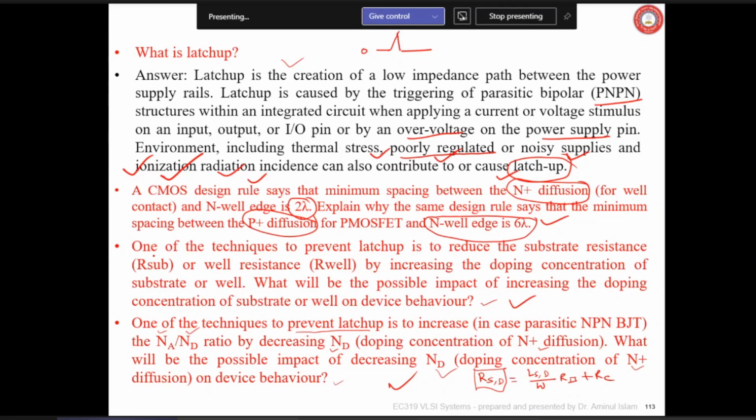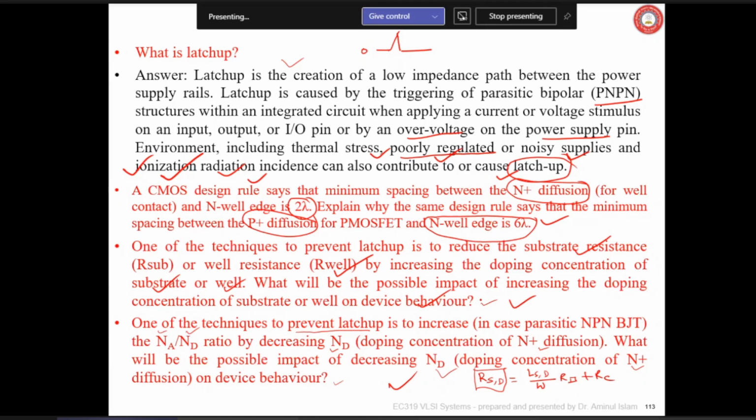One of the techniques to prevent latch up is to reduce the substrate resistance R sub or well resistance R well by increasing the doping concentration of the substrate or well. What will be the possible impact of increasing the doping concentration of the substrate or well on device behavior?